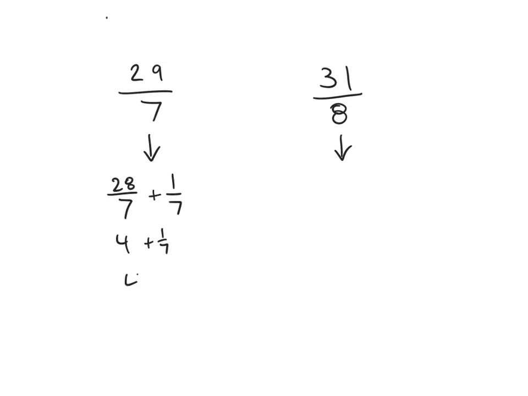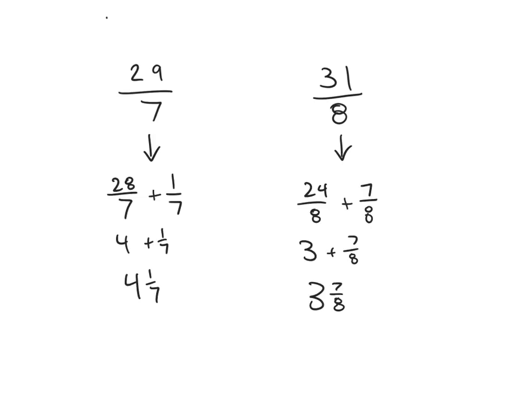So this is actually 4 1/7. For the second fraction, I know that 24/8 is equal to 3 wholes, and that leaves me 7/8 left. So I get 3 wholes and 7/8, or 3 7/8.